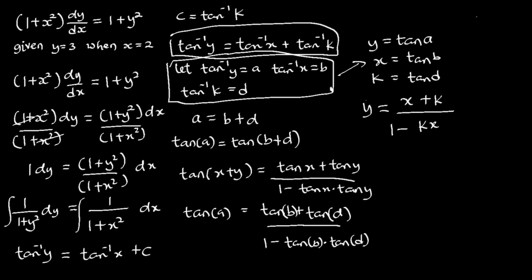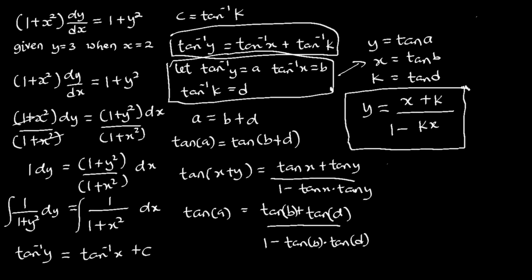Since this contains the constant k, we will call this the general solution. But this is not the solution we want because it contains k, and we want to find the particular solution.